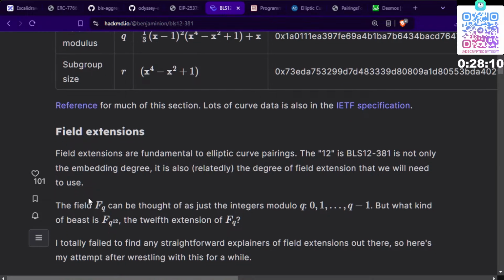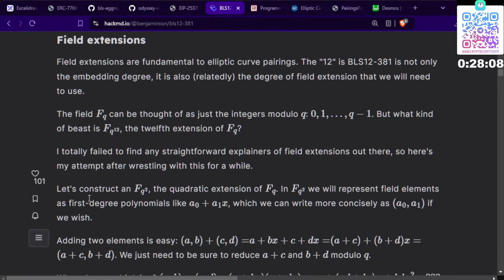Lots of curve data is also in an IETF specification. Field extensions are fundamental to elliptic curves. The 12 in BLS12-381 is not only the embedding degree.